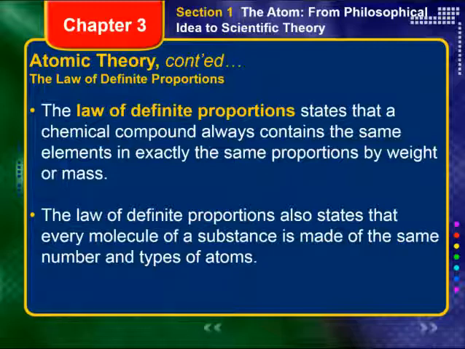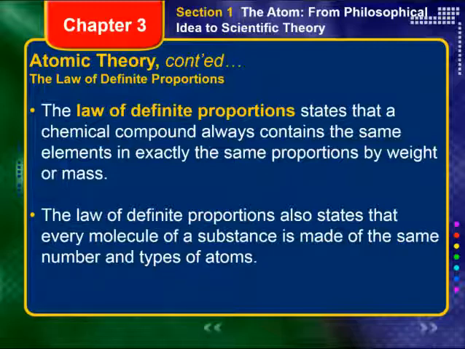Table salt, NaCl, is always going to be a certain percentage sodium, a certain percentage chlorine, no matter how large the sample you have of it. So definite proportions. Table salt is defined, right? Definite, defined by being 1 atom sodium, 1 atom chlorine, and then the masses that are associated with each of those atoms.